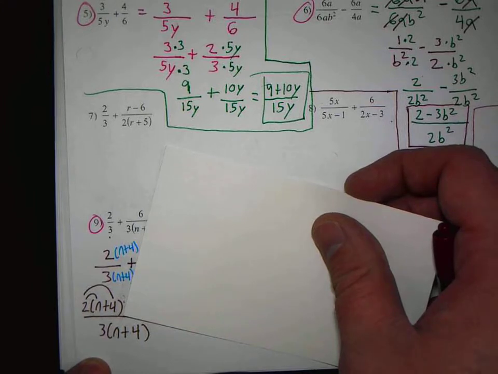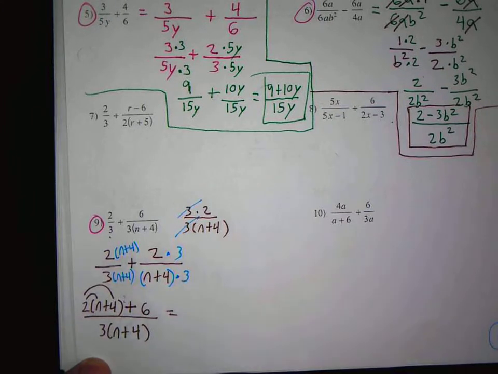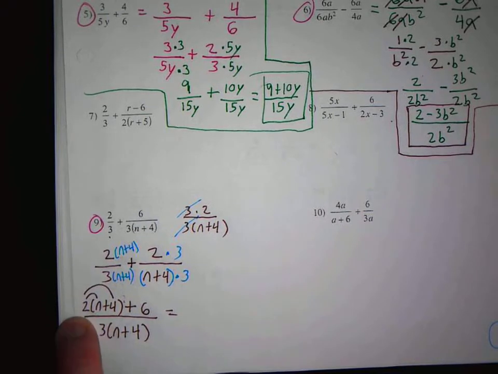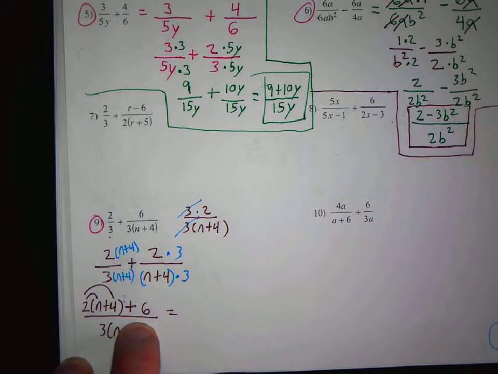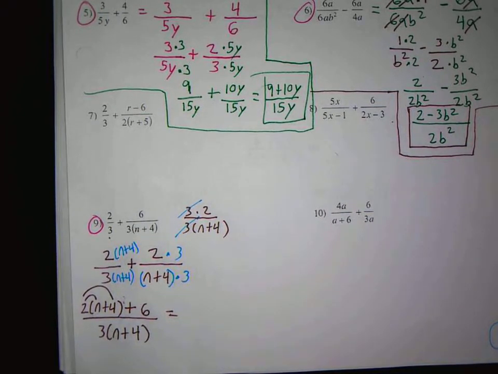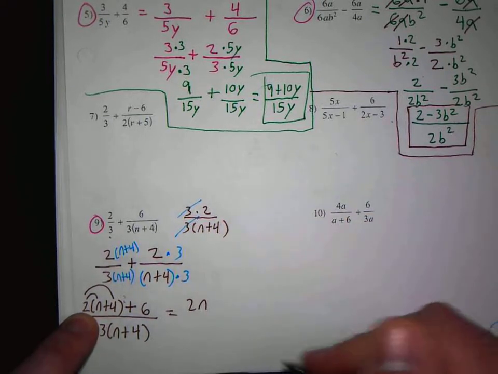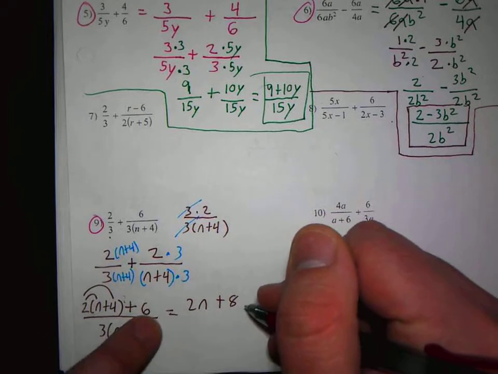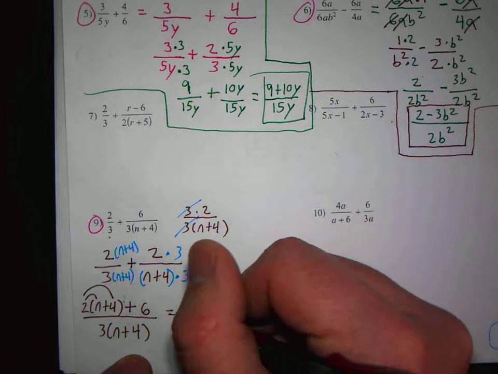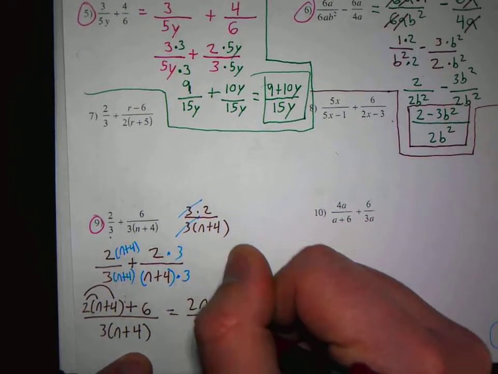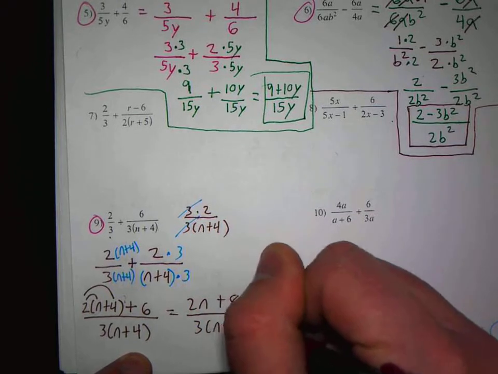Right? But because I have a plus 6 and the 2 times 4 makes 8, simplify would mean I would take 8 plus 6. Okay? So 2 times n is 2n. 2 times 4 is 8. And then plus 6. All over 3 and plus 4.